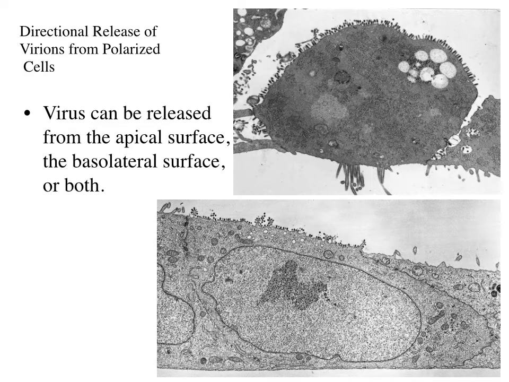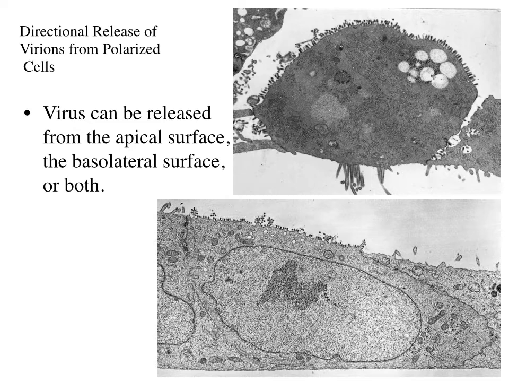So consider in your alimentary tract where you're absorbing nutrients and so on. In that case, nutrients are absorbed through the apical surface, make their way through the cell, and then they're released through the basolateral surface so that the nutrients can get released to the body.